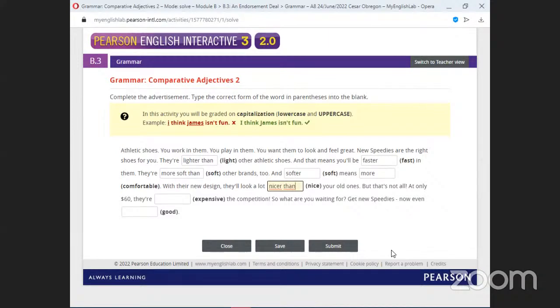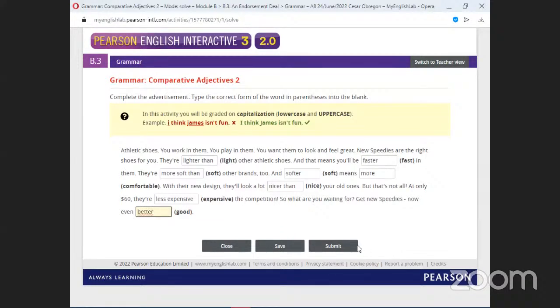At only $60, they are less expensive the competition. So what are you waiting for? Get new Spirits now, even better.